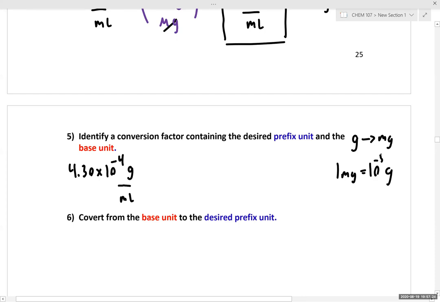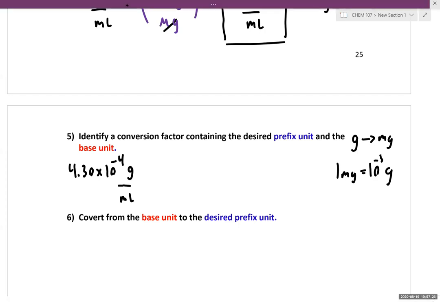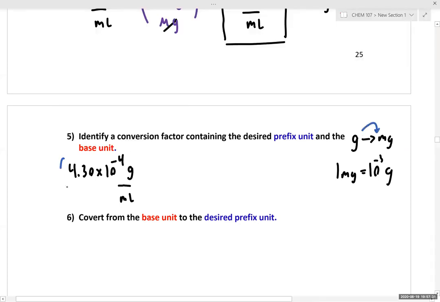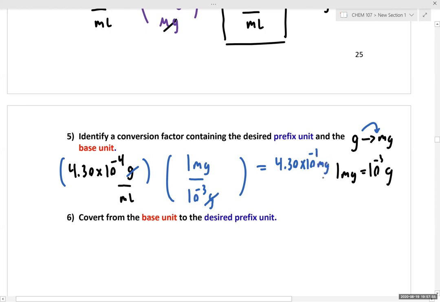Perfect. Then, if we want to go from grams to milligrams, what units do we put on top? Milligrams, exactly. And we know 1 milligram is 10 to the negative 3rd gram. The grams cancel, and we're left with 4.30 times 10 to the negative 1st milligram per milliliter.